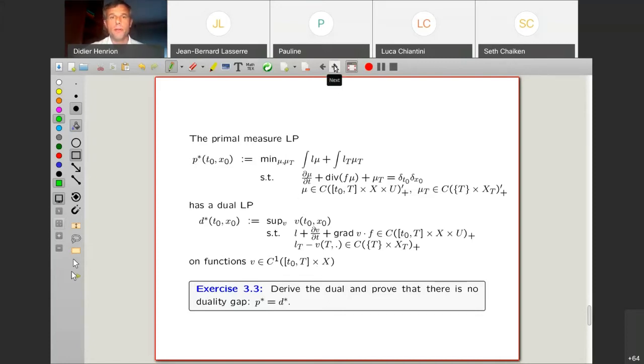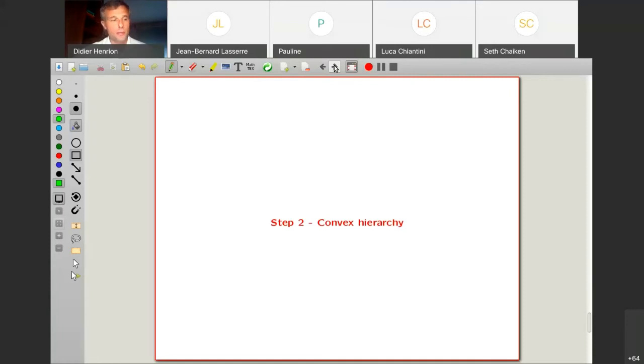So we are done with the first step, the linear reformulation. And before I allow time for questions posted on the chat, I will go through the second step very quickly, like last week.